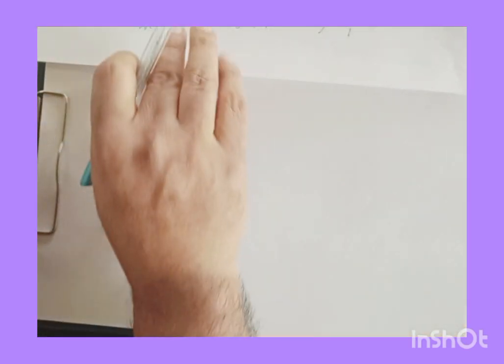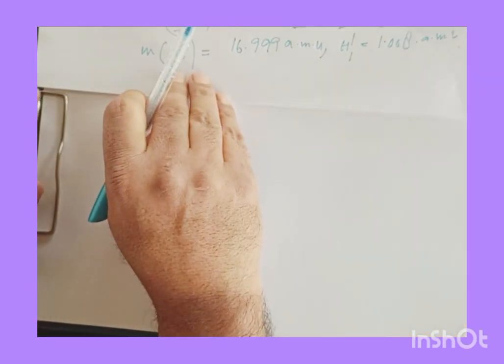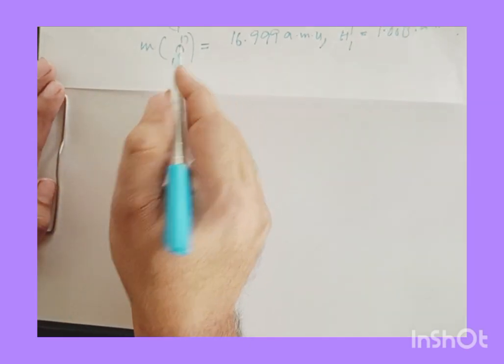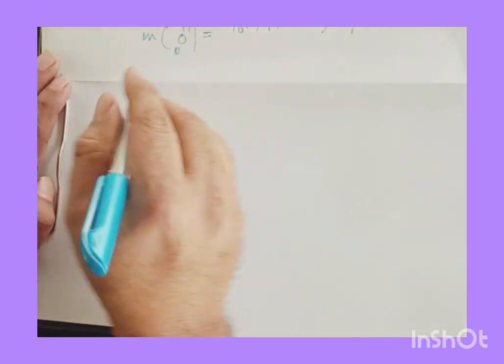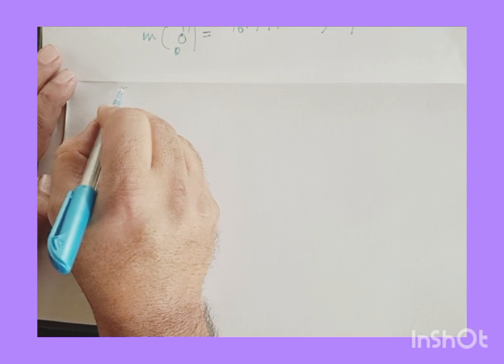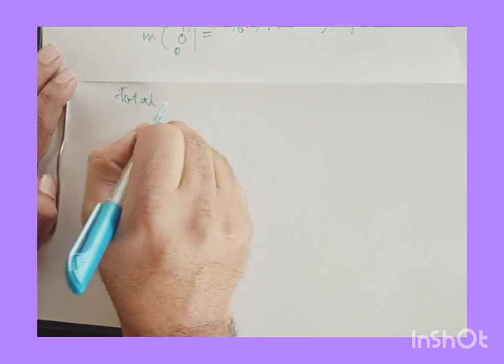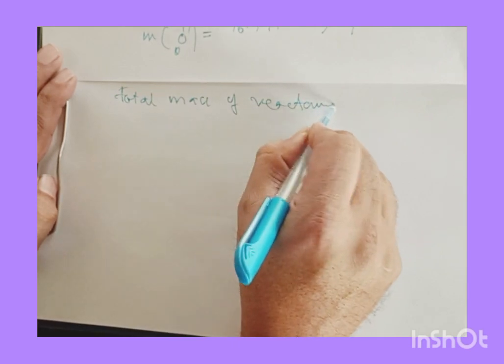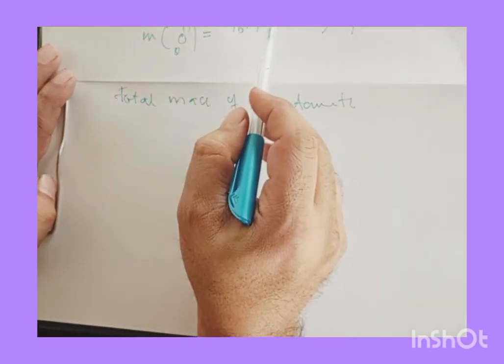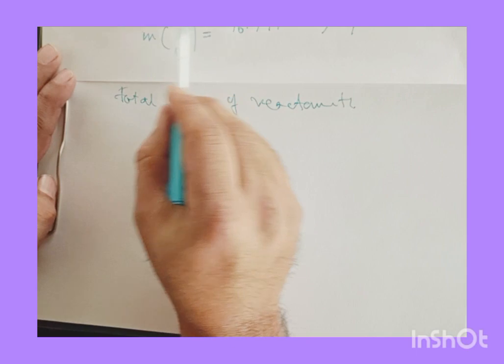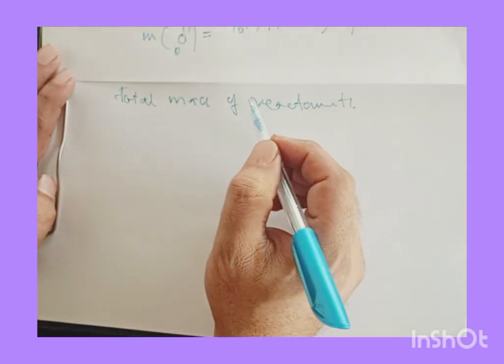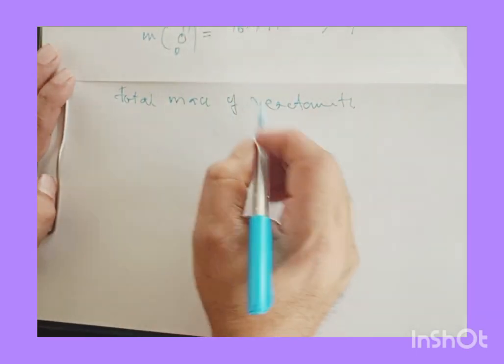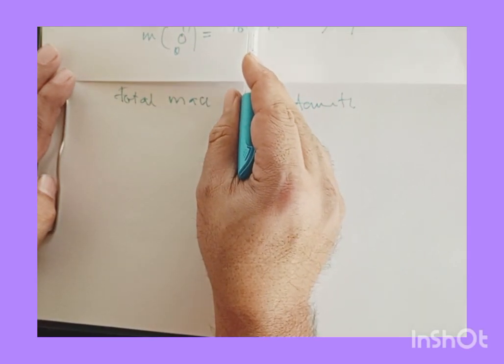Now, to solve this, what we have to do is very simple. All we need is the total mass of reactants. That will be the mass of this nitrogen nucleus plus the mass of the alpha particle.